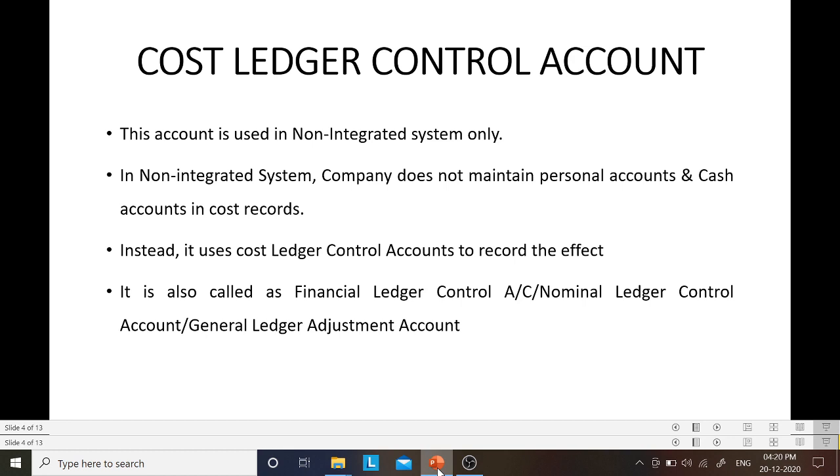That's why this cost ledger control account is prepared. Now this will be helpful only in non-integrated system. Okay, and here we will record all the second effects of a few transactions. Now this is also called as financial ledger control account, nominal ledger control account, or general ledger adjustment account.